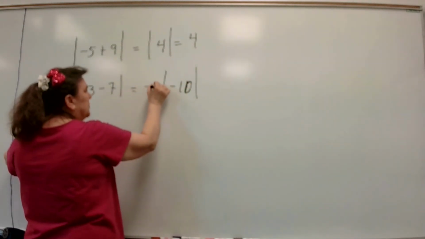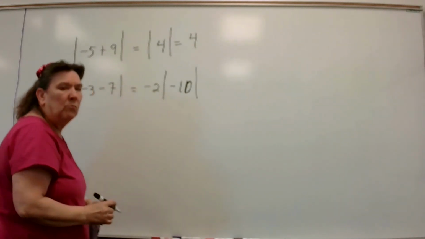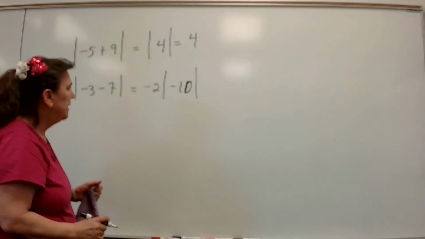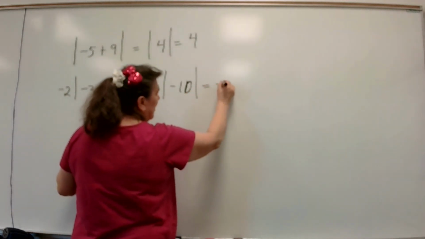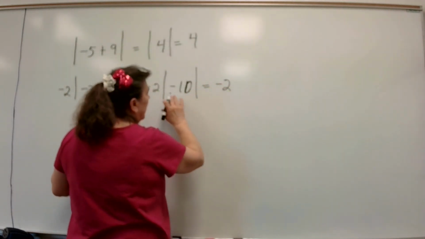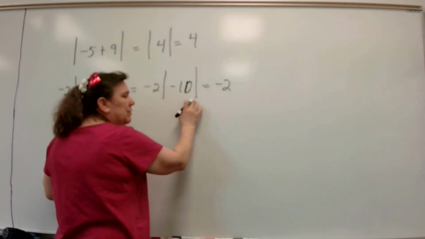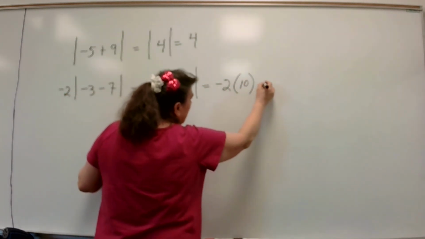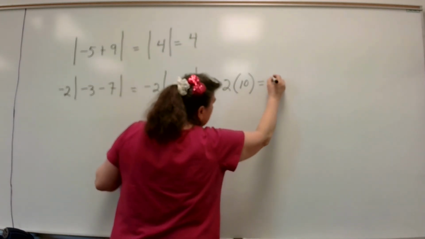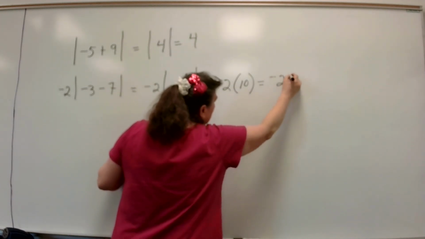And that negative 2 is outside, multiplying what is inside. Our next step is to take care of what is inside, so you have a negative 2. And the absolute value of a negative 10 is a positive 10. So now I have negative 2 times 10, which is a negative 20.